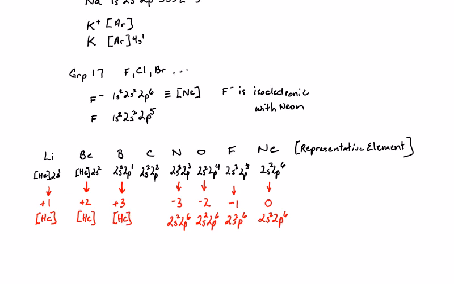The reason why I skipped over carbon is that carbon can actually add 4 electrons or subtract 4 electrons. So I'll say plus or minus 4. When it gives up 4 electrons, it becomes like helium. If it gains 4 electrons, it becomes like neon. And I'm not going to say one's better than the other at this point, but it largely depends upon what else is attached to carbon.